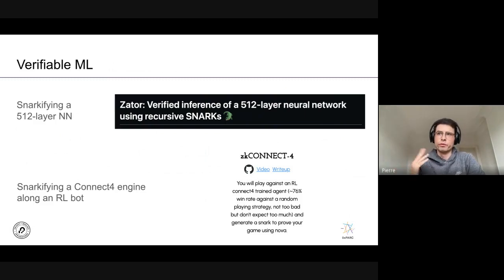So you would provide the weights, and you could prove the inference that has been performed by the neural net. We also did a project where we would snarkify, using Nova and Spartan, a Connect 4 engine with a reinforcement learning bot, and this was running in the browser. So it was very, very interesting. Here the idea is to do provable inference using folding schemes.